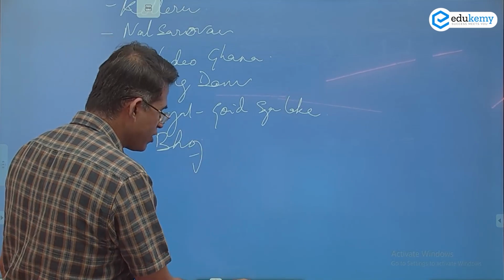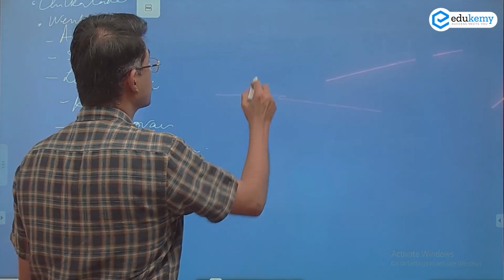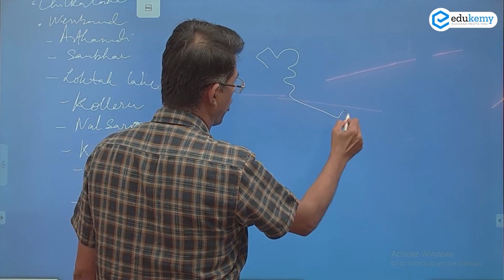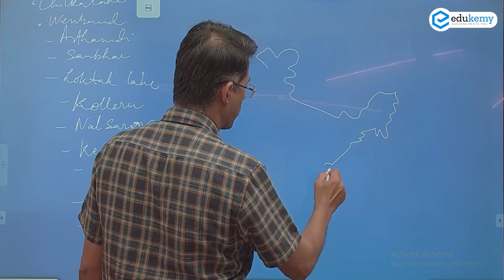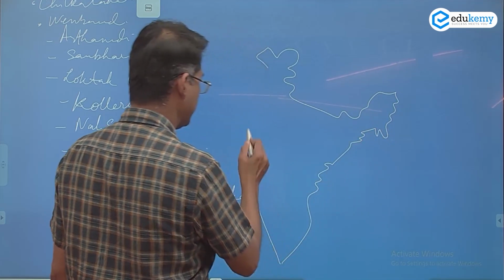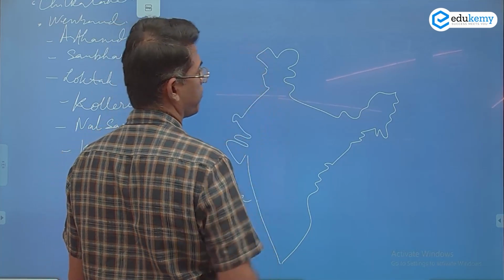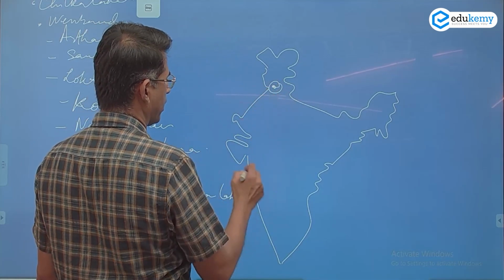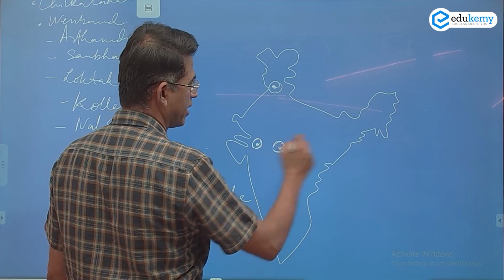So I would like you to plot this in your map. If they ask you something on wetlands, I would expect that you please plot them. It shouldn't be a problem at all. Once you have read them, plot them. So somewhere here Pong Dam, Nal Sarovar near this one, Bhoj Lake is here.